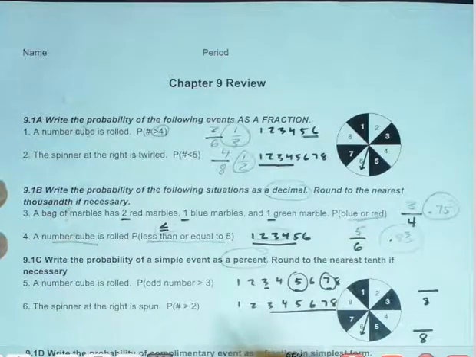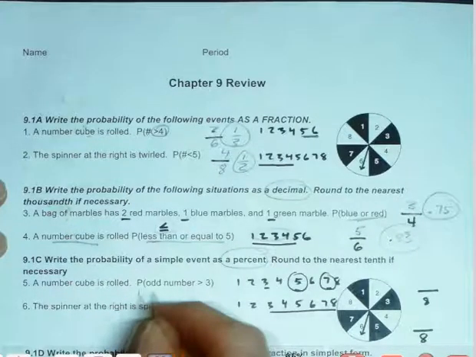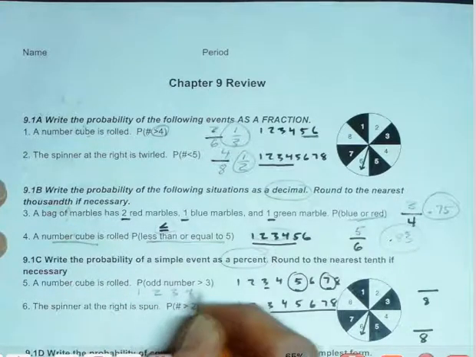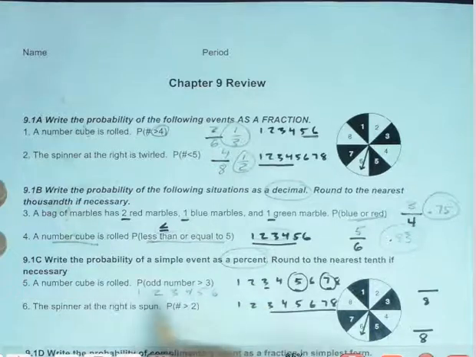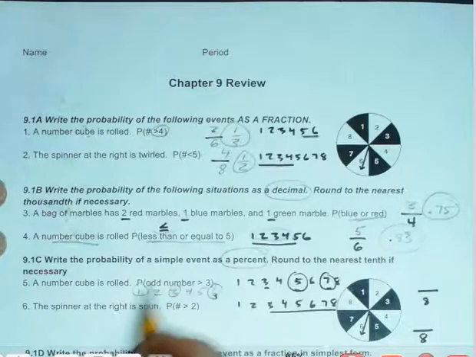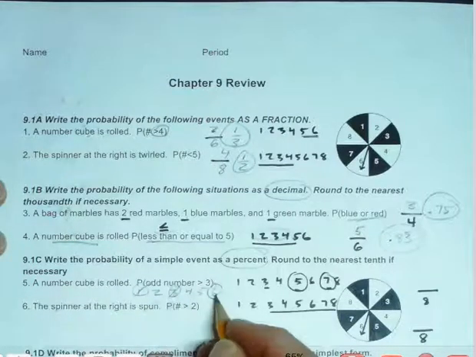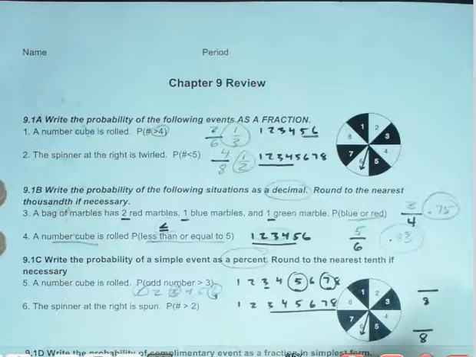Sorry, I've got to redo that. All the possible outcomes of a number cube. It could be a 1, a 2, a 3, a 4, a 5, or a 6. All right, we're looking for an odd number, so we can circle all the odd numbers. And that odd number has to be greater than 3. Well, 1 is not greater than 3. 3 is not greater than 3. It looks like we only have 1 chance there, so I'm going to erase this.